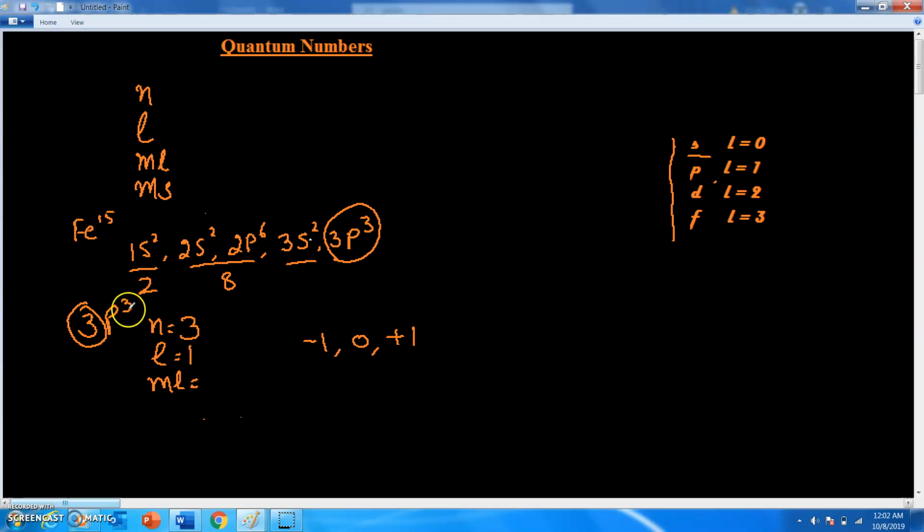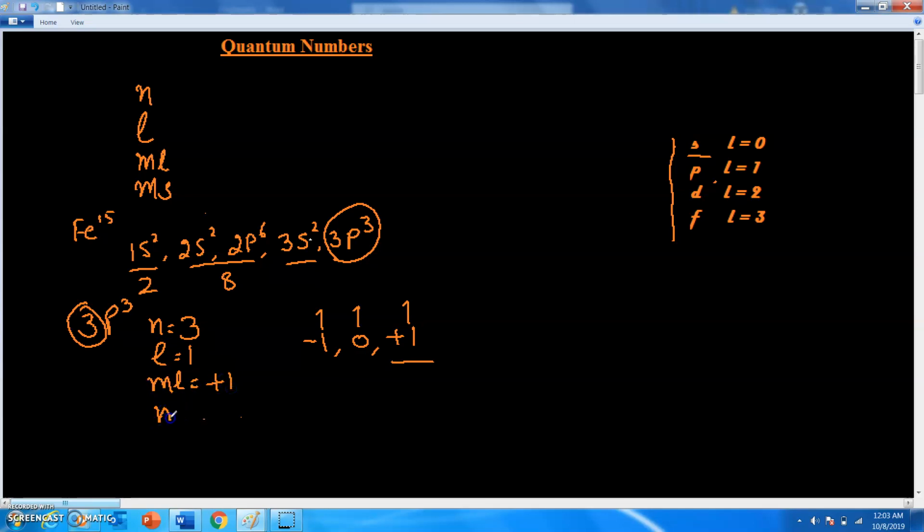It is 3p3, so there are 3 electrons over here. First electron goes to -1, second and third. We will see where the last electron goes. It goes to +1. So quantum number ML is equal to +1.